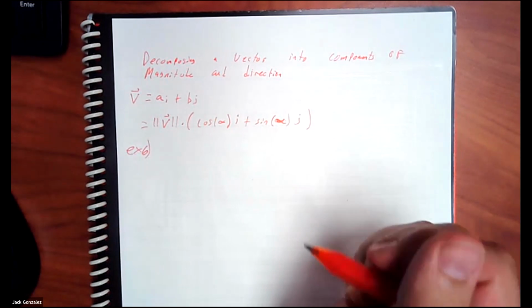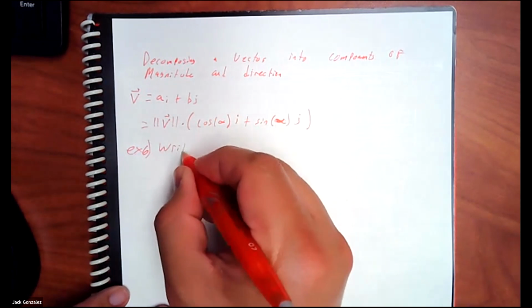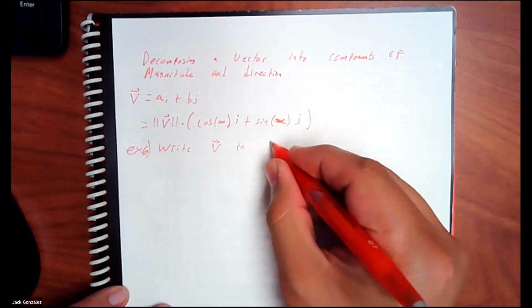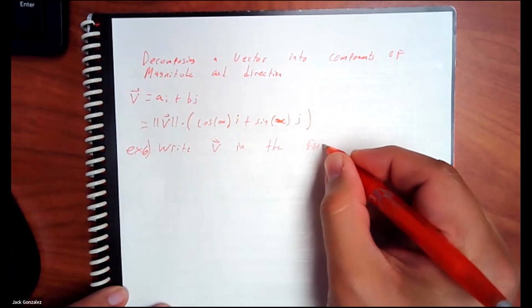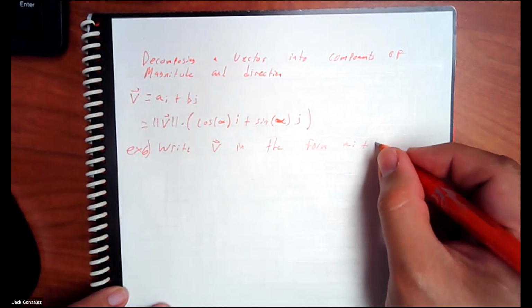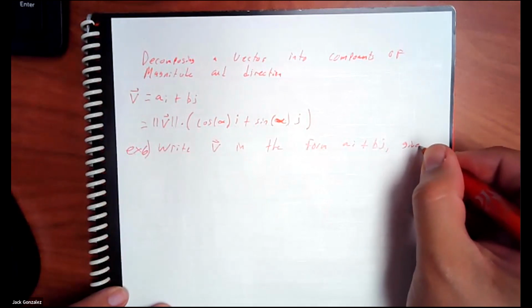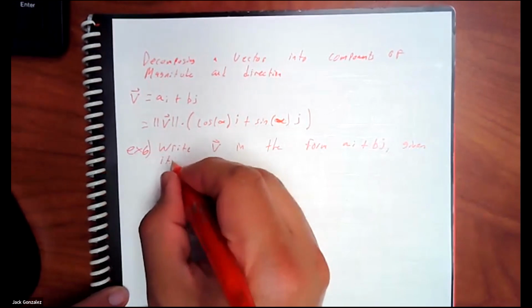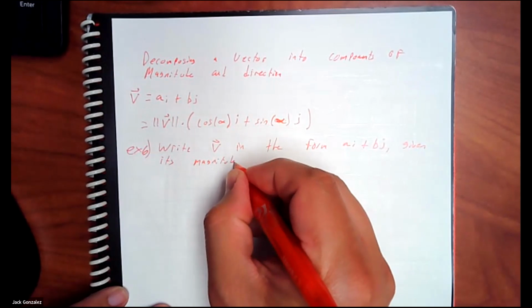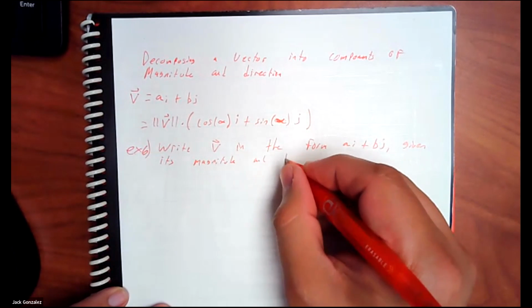So that problem, I think it was 27, right? Write vector V in the form AI plus BJ, given its magnitude and direction.